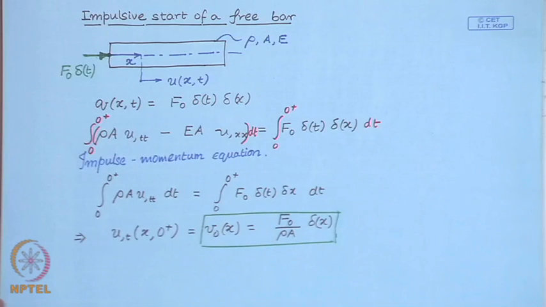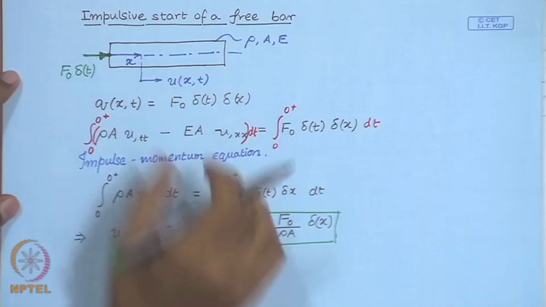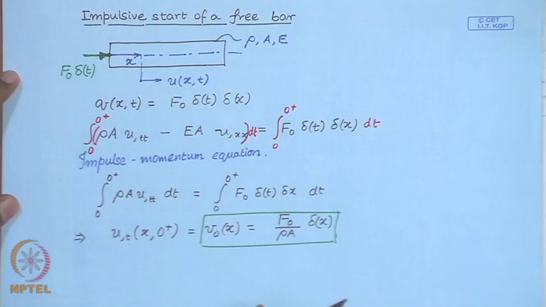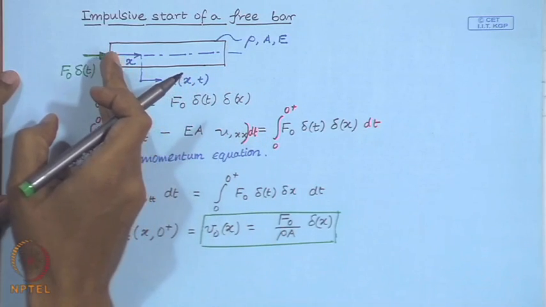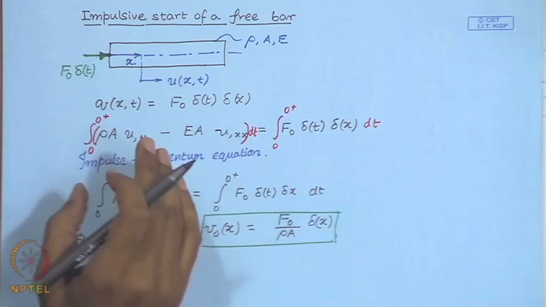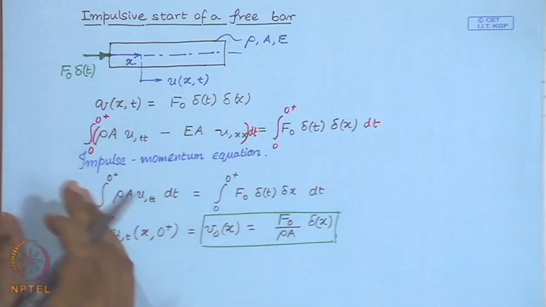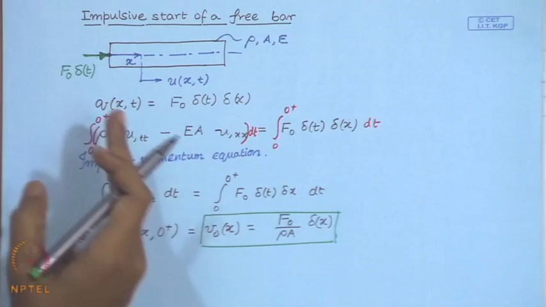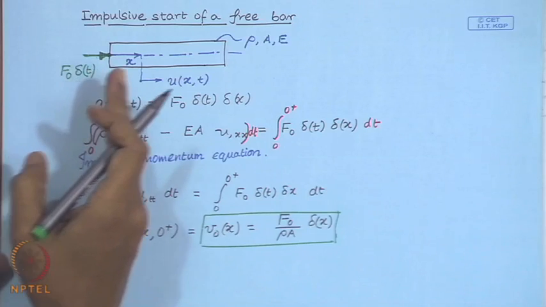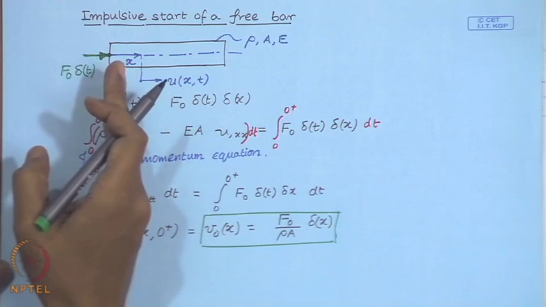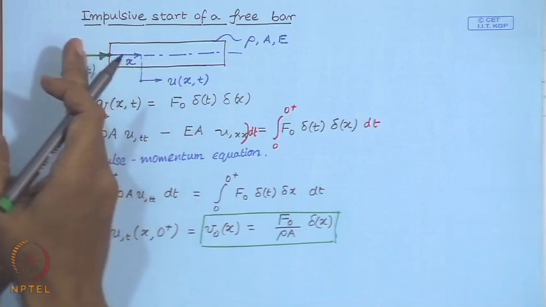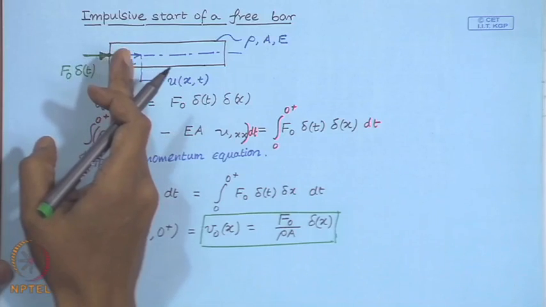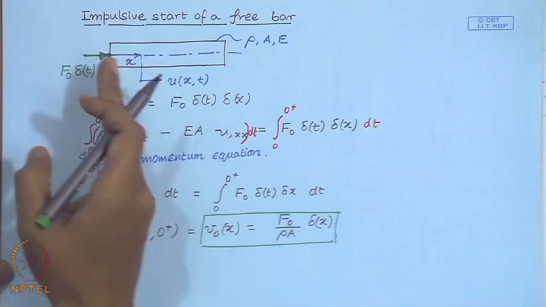Now, when we disturb a bar like this, we give an impulse, what we expect, and by this time you can guess from the animations I have shown, is that there is a wave front which starts propagating.